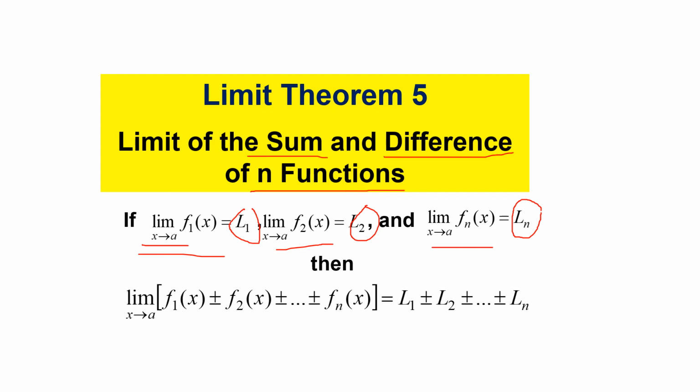So same scenario with limit theorem number 4. We just simply use the operation of addition and subtraction. So L1 will be the value of the limit of f sub 1 of x when x approaches a.